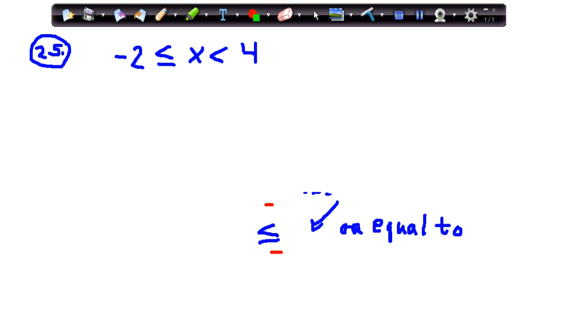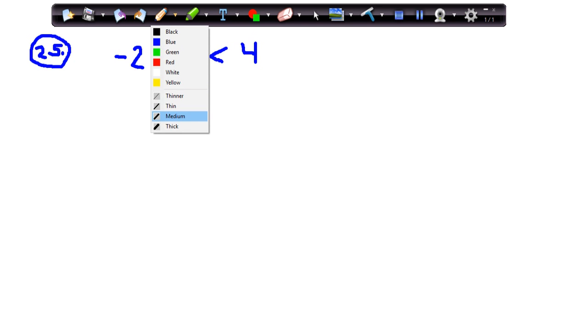Because they do it in the book, but sometimes they don't explain it, they just show you the problem. So we understand the direction: less than, greater than, equal to, or less than or equal to.